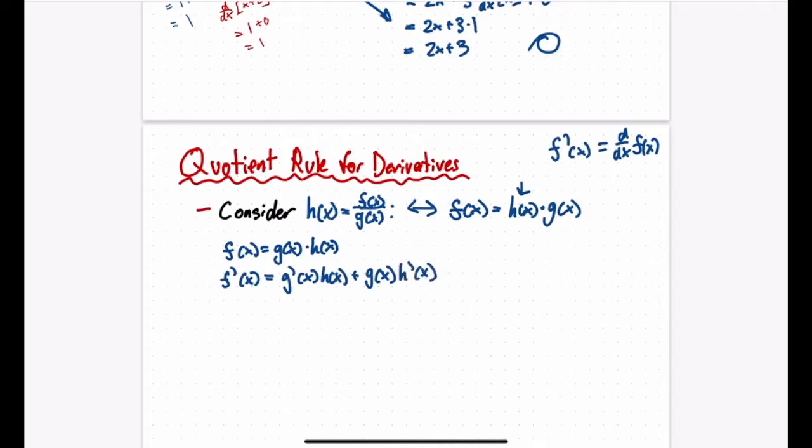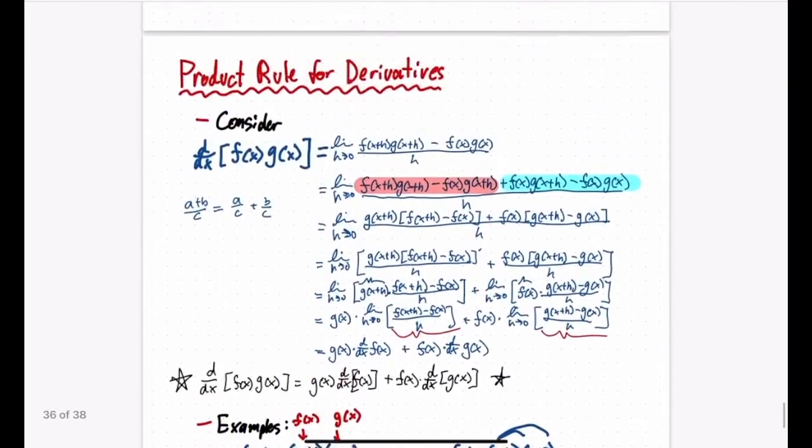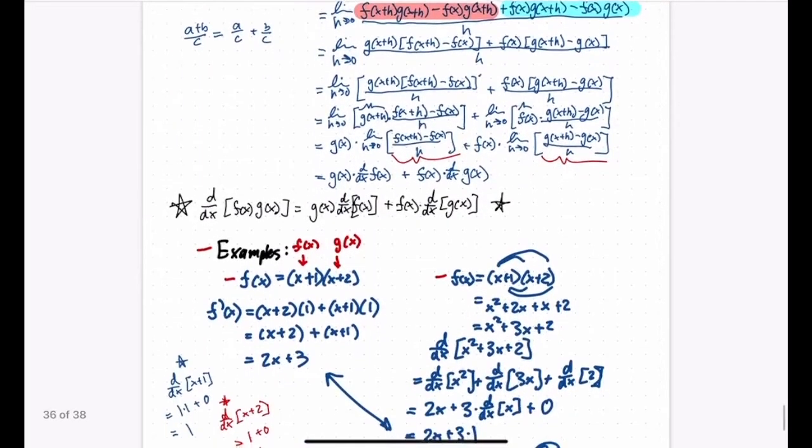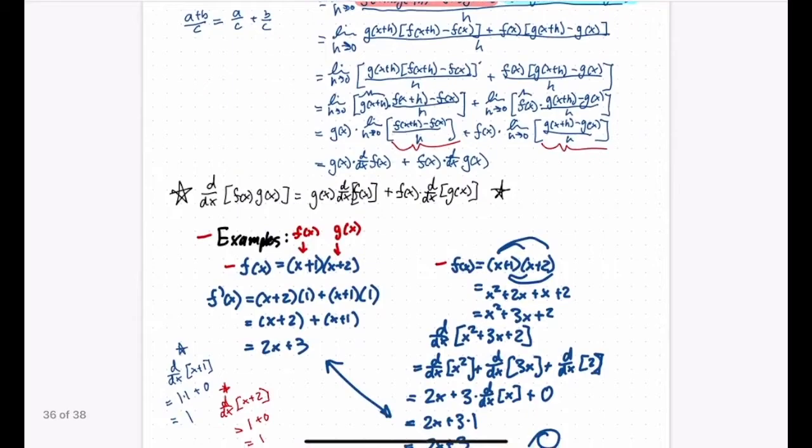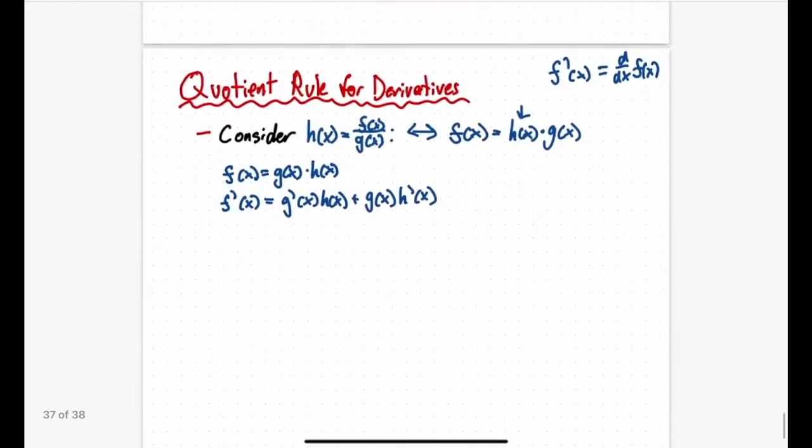And I rearranged them slightly so that g of x is always first, but it's the exact same as the rule that we proved up here. This one. I maybe flipped some of the multiplication signs around, but either way, you know that this is true.